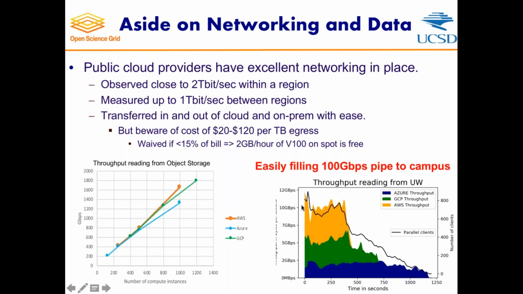And so yes, we can put 100 gigabit per second into the cloud all the way to the clients. For this example, we used only one of the regions because we wanted to maximally pull from Madison, Wisconsin into the providers via the Internet2 peering point at Chicago.